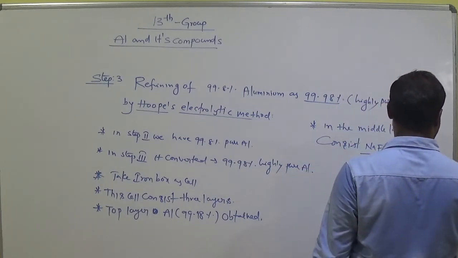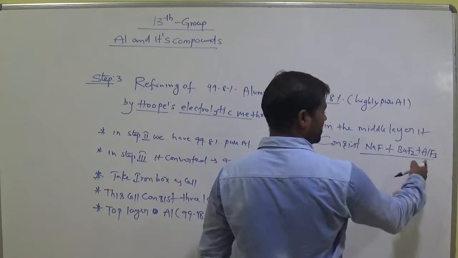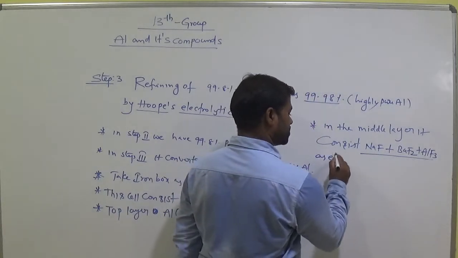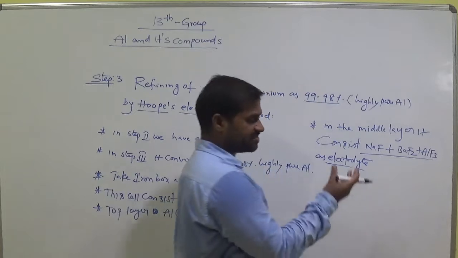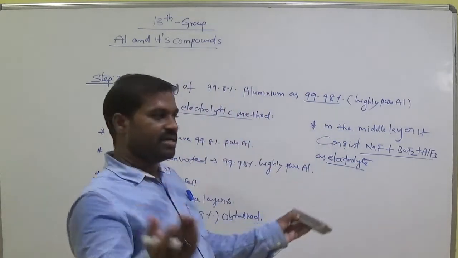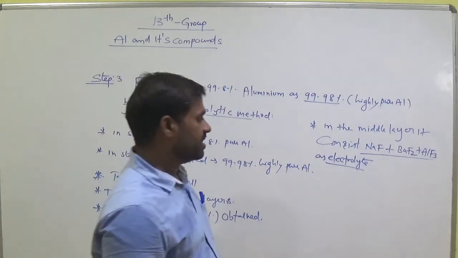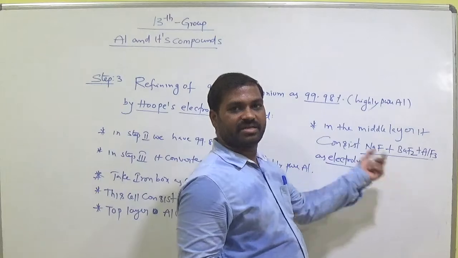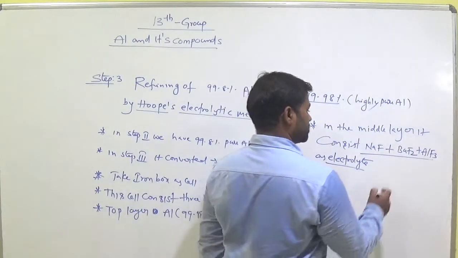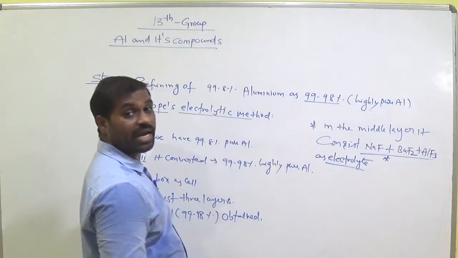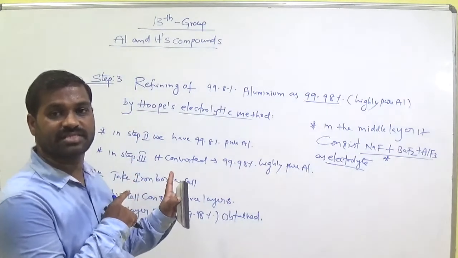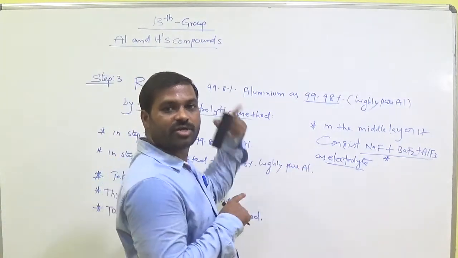All are fluorides, all are with fluorines, acting as electrolytes. As electrolyte, that means this mixture allows the electricity and it produces aluminium, Al. Keep it in mind: sodium fluoride, barium fluoride, and AlF3 act as electrolyte in the Hoope's cell. It produces aluminium in the top layer.